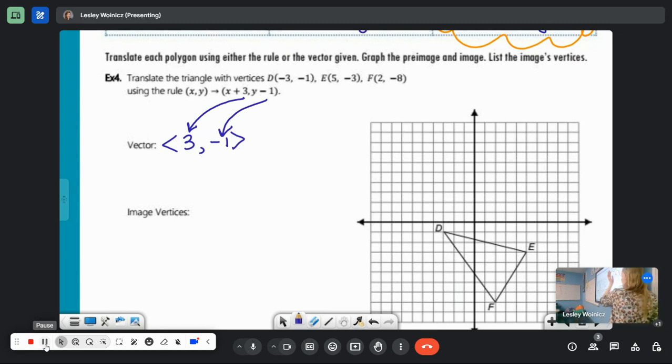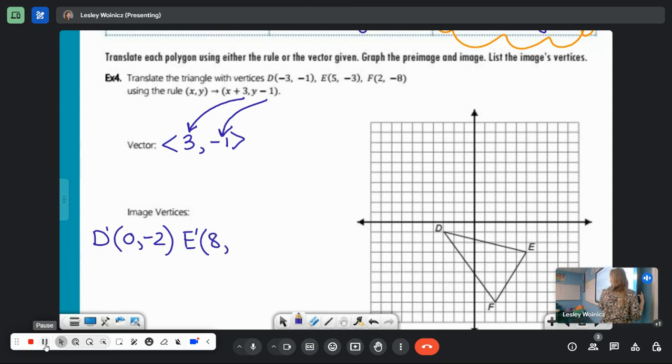So, if we didn't have a picture, could we use this rule or that vector and find the image vertices? What would that look like? Well, what would d prime be if I added 3 to the x? What's negative 3 plus 3? 0. Okay, what about negative 1 minus another 1? Good. All right, what about e prime? I've got 5, but I add 3 more. 8.